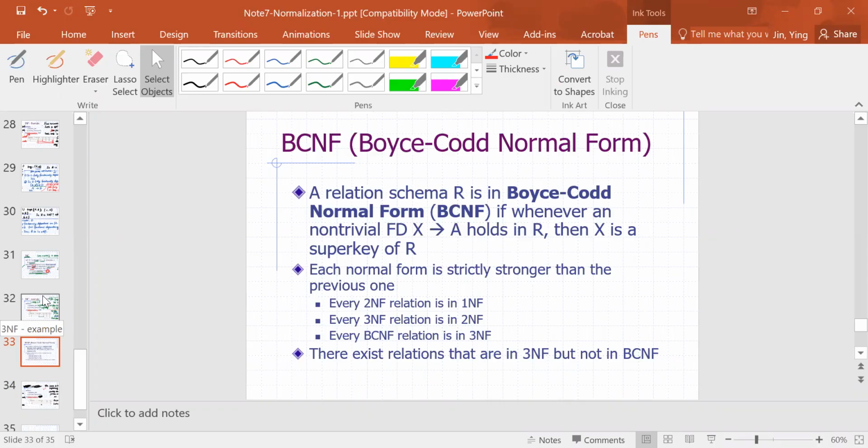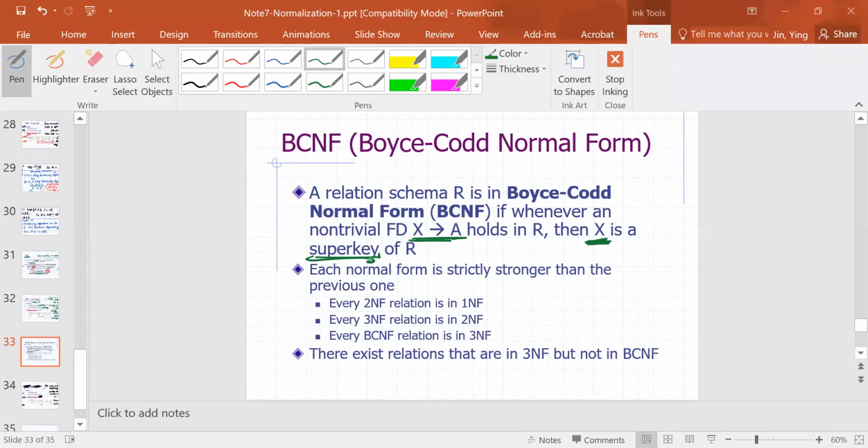Boyce-Codd normal form has the most strict definition. It says whenever there is a non-trivial functional dependency X to A, then the left-hand set X must be a super key. That's all. Only one condition, super easy to do, right? Compared to the second normal form and third normal form, really easy to do.